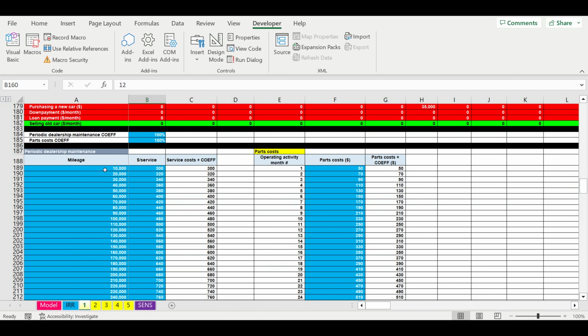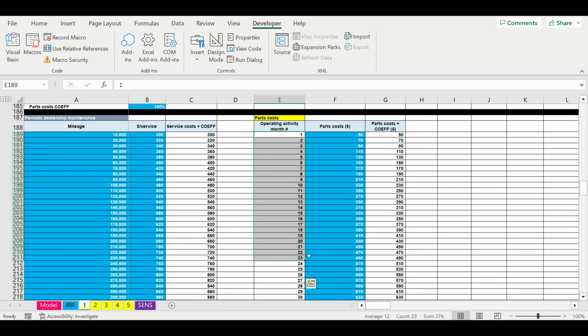So here we can specify the mileage on the odometer. This will be the costs of dealership maintenance. This is the month of operating activity, and these are the costs for parts during this life cycle of the car.